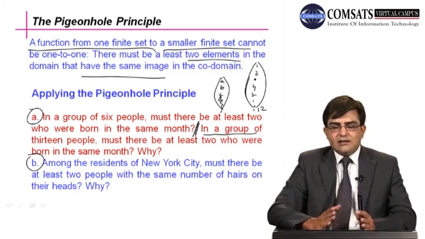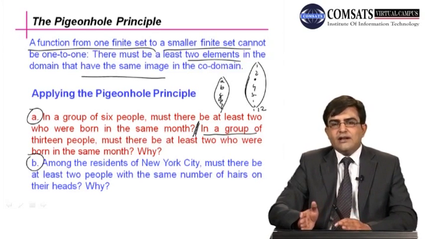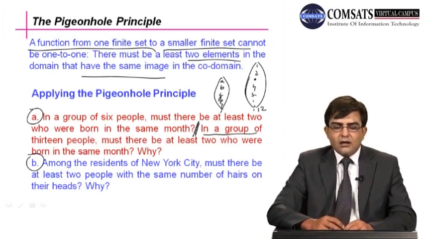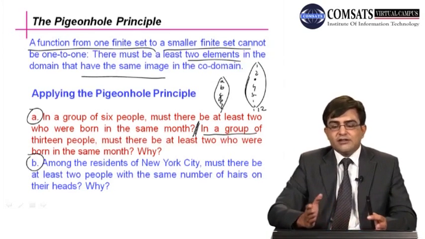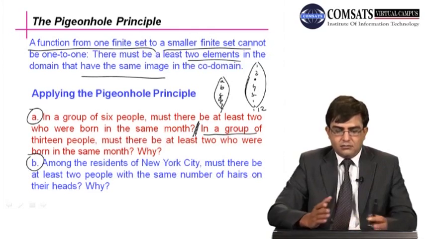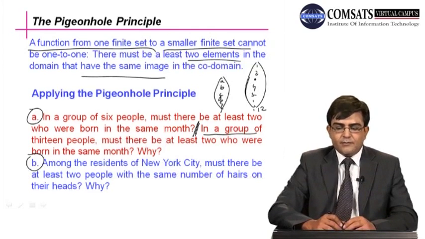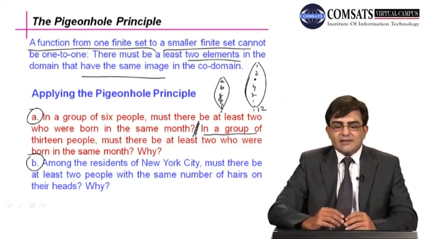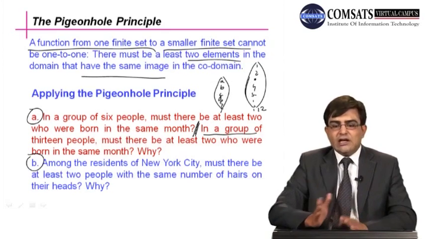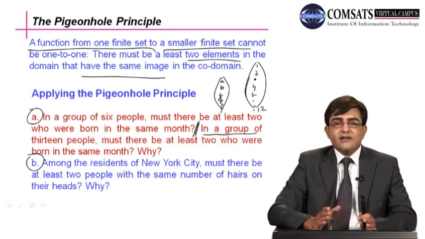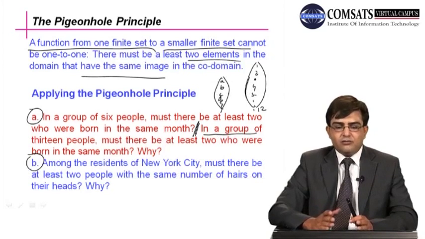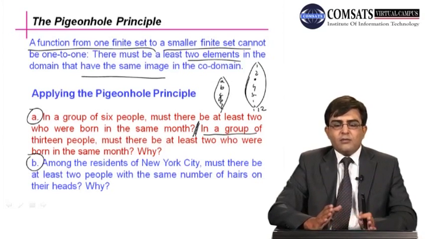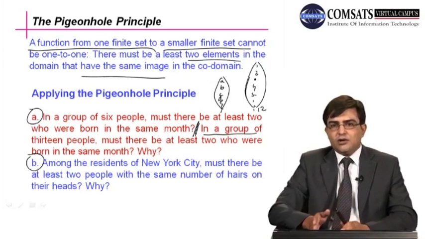As there are fewer elements in the domain set and more elements in the codomain set, we can define a one-to-one function between these 2 sets, so the pigeonhole principle does not apply. The pigeonhole principle says that we cannot define a one-to-one function from a larger finite set to a smaller finite set.